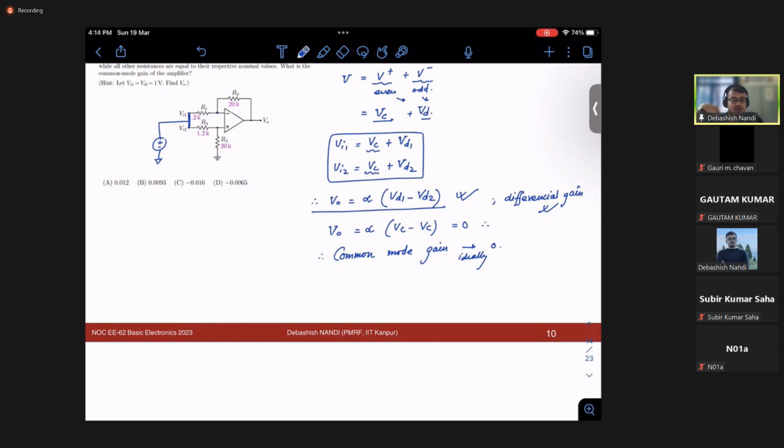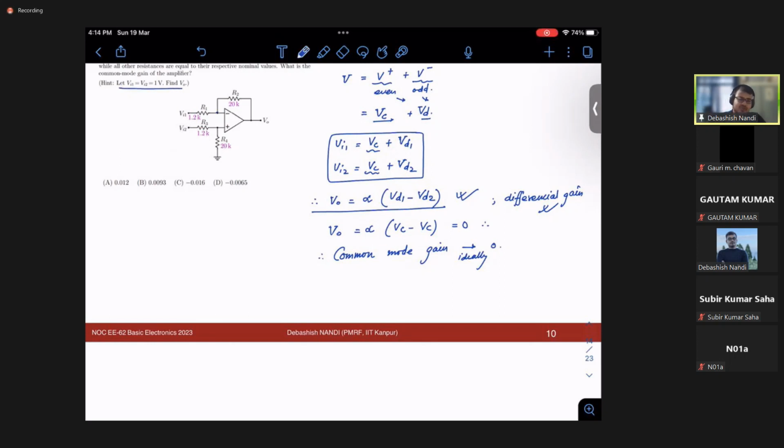That is the purpose of your difference amplifier. So how to analyze this circuit? There is a hint provided. You can assume any constant input. You can short the circuit and assume Vc. Then you need to find the gain as V naught by Vc.